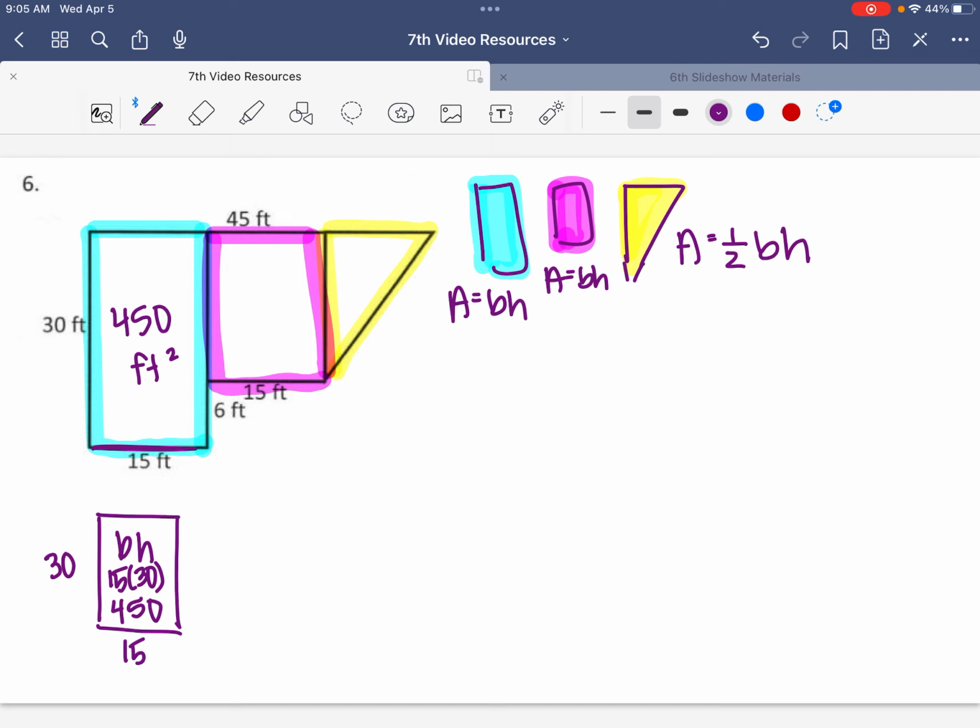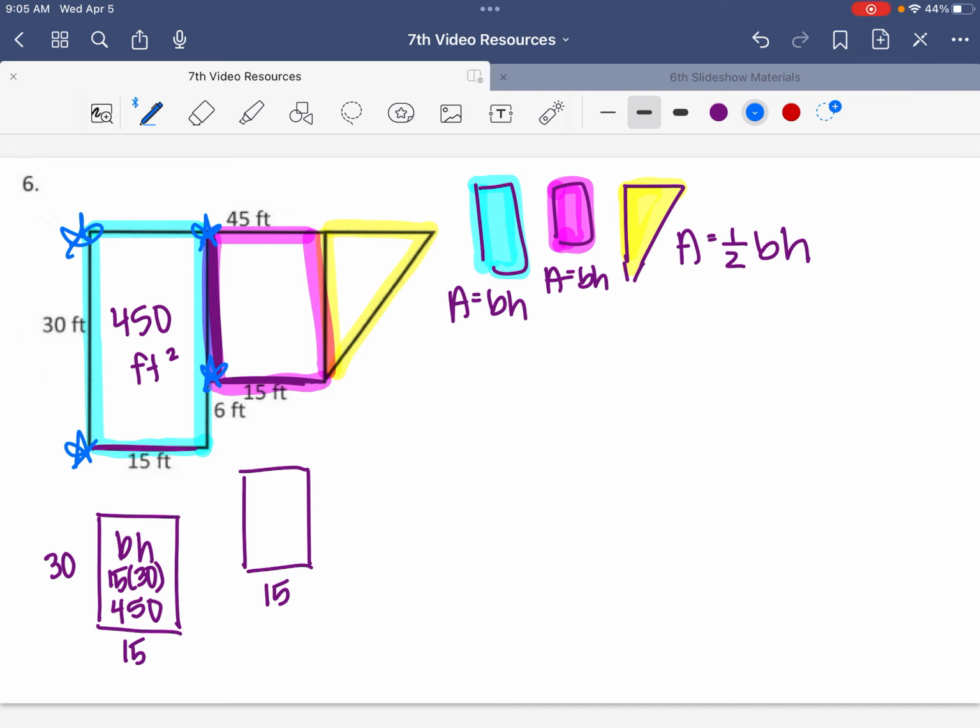And now we're going to look at the pink one. For the pink rectangle, it's a little different because when I look at just the length of the base, that's only 15. 15 still. But the height is not going to be 30. 30 went from here to here, but the height of the pink rectangle only goes from here to here.